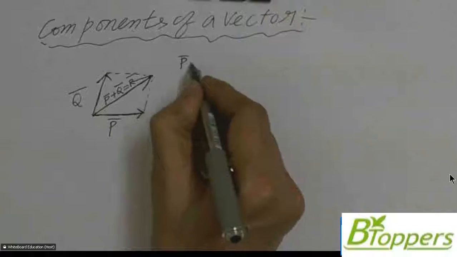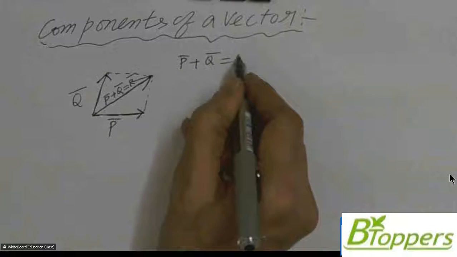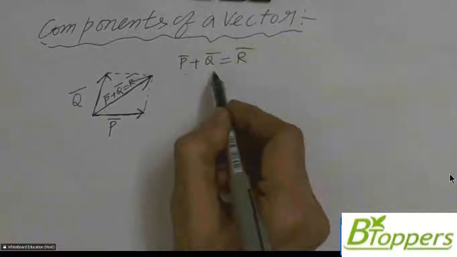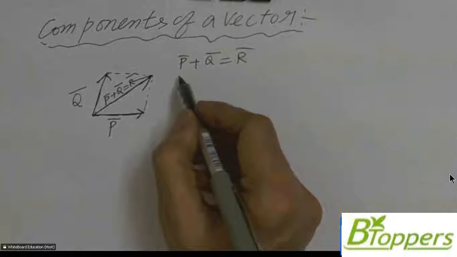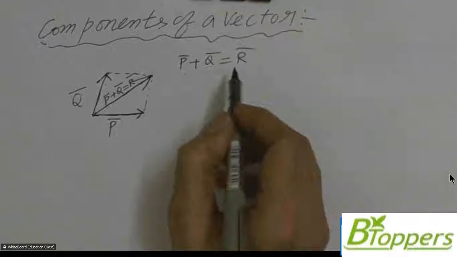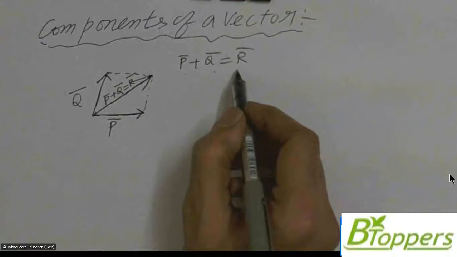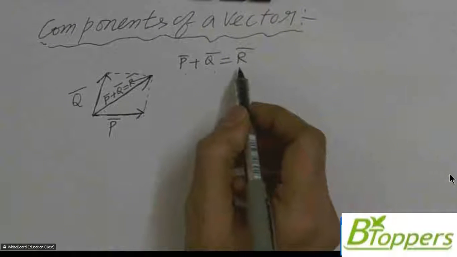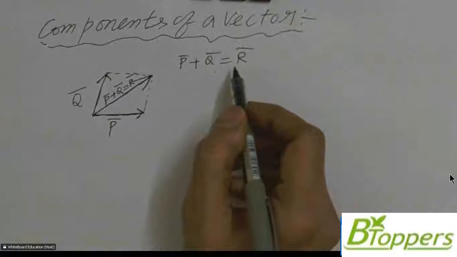We can write here p bar plus q bar equal to r bar in the figure. We can call p bar and q bar the component vectors of vector r bar.